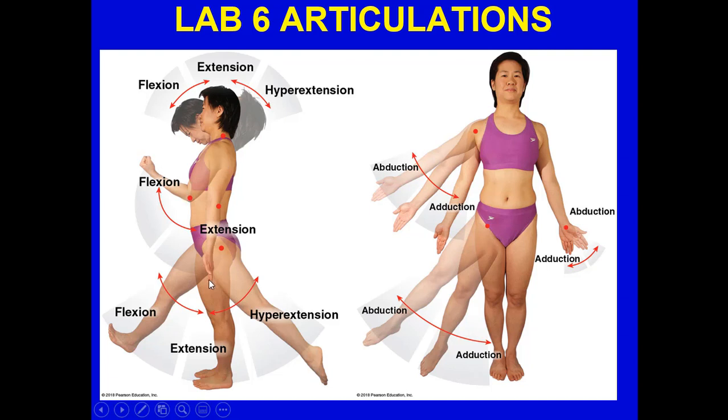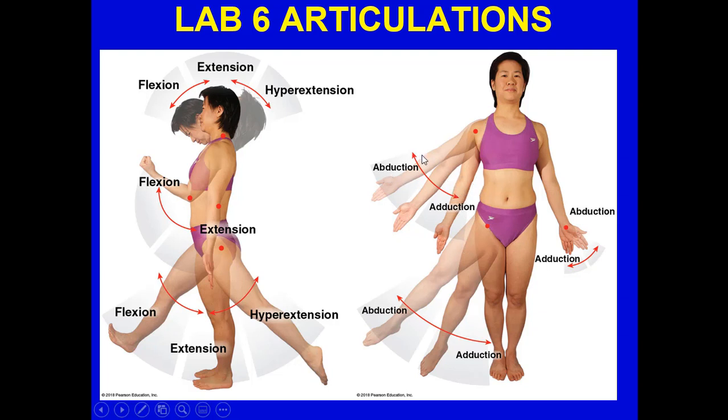And you can see the situation here with flexion, extension, and hyperextension. Now, looking at this model here, what you're going to do is abduction. You're going to have it at your side, and you're going to increase the angle here.